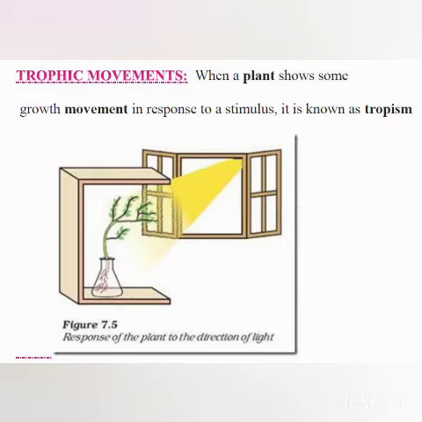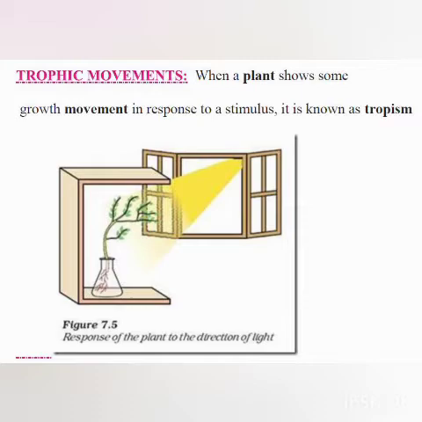Now children, what will you observe? You will observe that after the flask was rotated by 180 degrees, in such a way that now the shoot faces the shady side and the root faces the light, the shoots again changed their direction and started growing towards the light, and the roots away from the light.